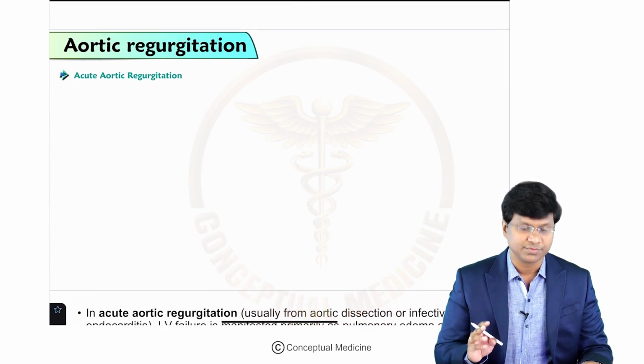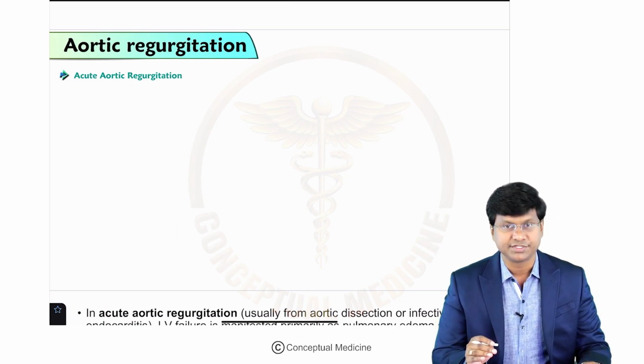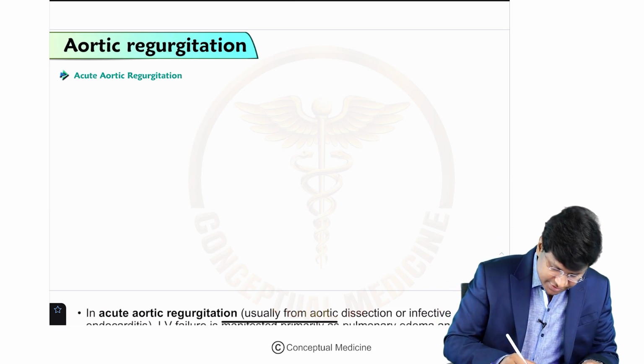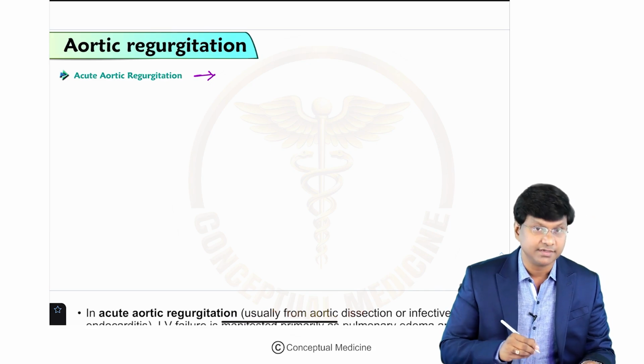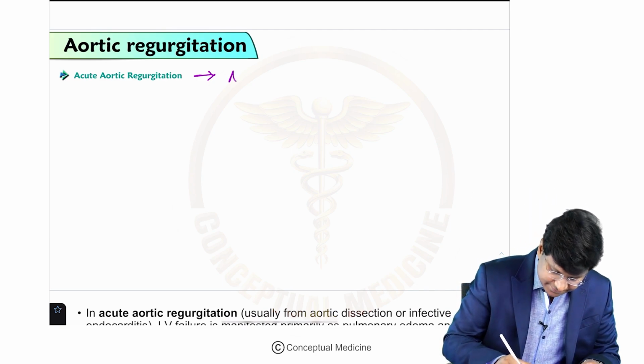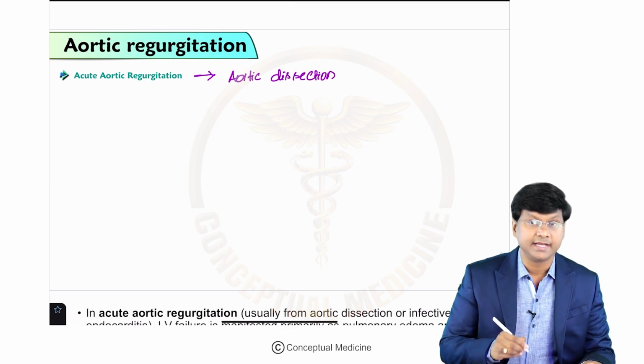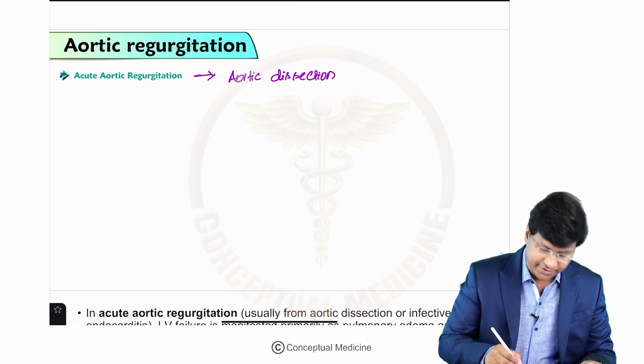It can be in two forms. One is acute aortic regurgitation and the other one is chronic aortic regurgitation. In acute aortic regurgitation, the etiologies which can cause it are aortic dissection, and another important etiology is infective endocarditis.